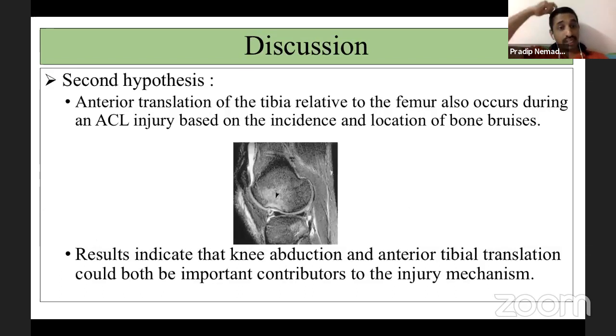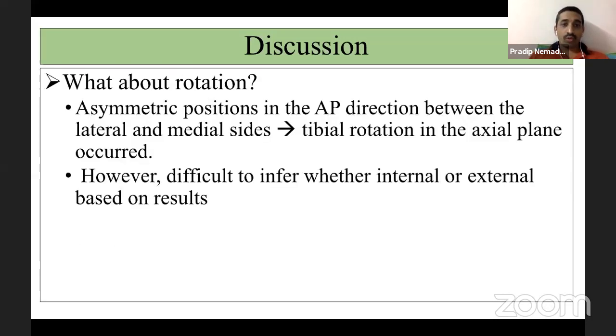The second hypothesis, that the anterior translation of the tibia with respect to the femur occurs during ACL injury, is also justified by the study results. So the results indicate that abduction as well as anterior tibial translation could be the mechanism of injury. What about rotation? There was definite asymmetry in the anteroposterior direction of the bone bruise pattern between the medial and lateral side.